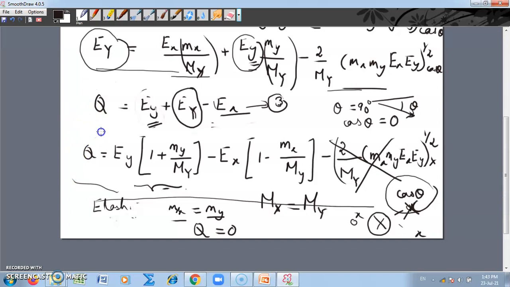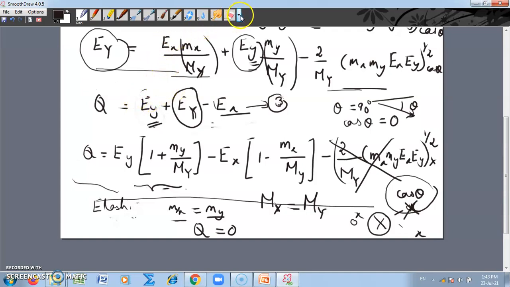So with this we come to an end of the Q value part, and we'll go to the proton and alpha induced reactions. First let's do the alpha induced reaction. Even though I said that I'll do the proton induced reaction, we can do it later.